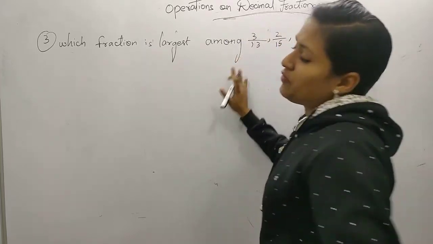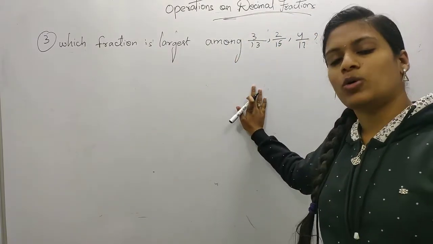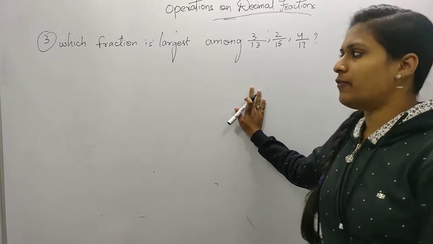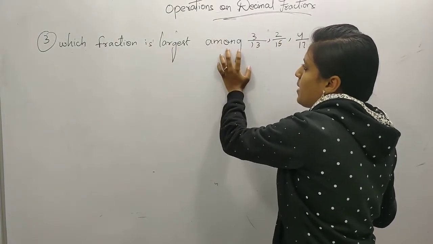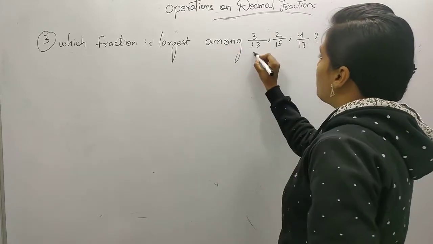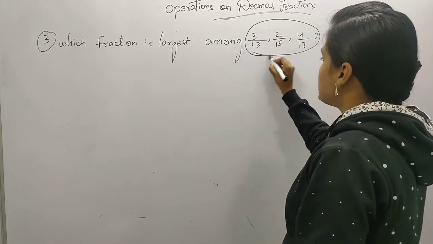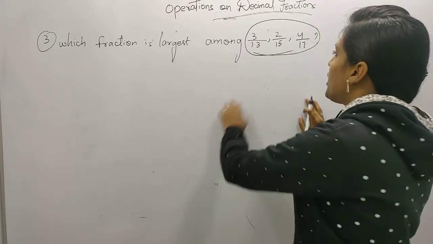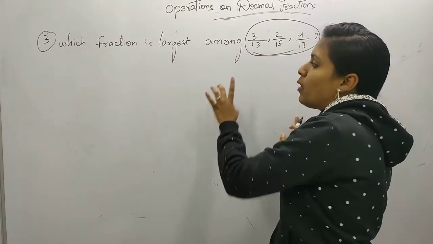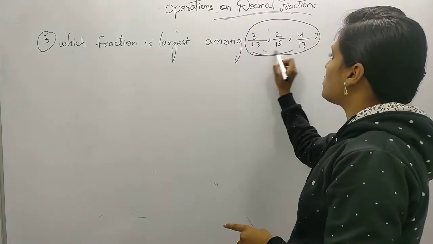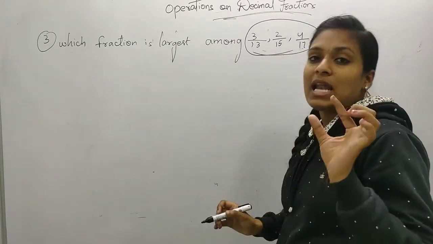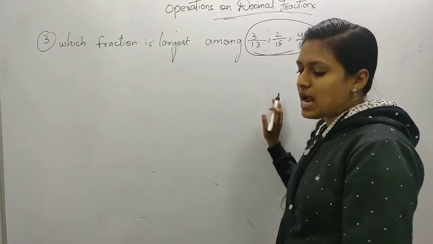Here, what is the question? First you have to understand the question very properly. What is given? Which fraction is largest among these? Among means in these three fractions we have to find which one is largest. Only one fraction, which one is the largest.